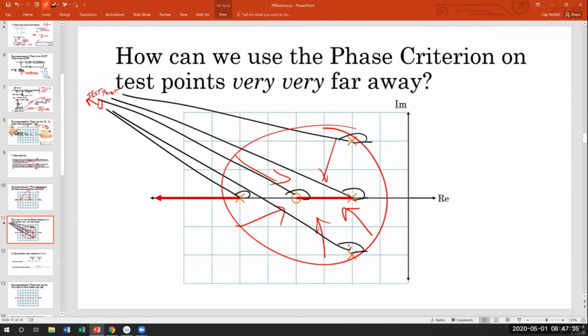Seriously. As this box gets stretched way away, the analogy I like to use nowadays is if you were to zoom out on Google Maps, then the vector pointing from your house or your neighbor's house to the White House, those vectors will actually merge, or they will approximate the same vector.